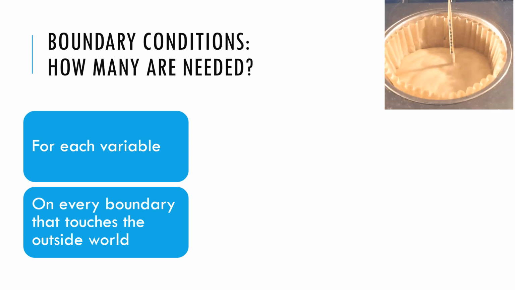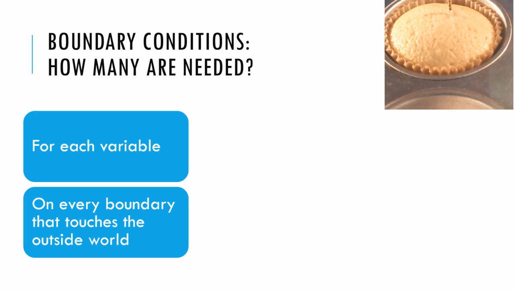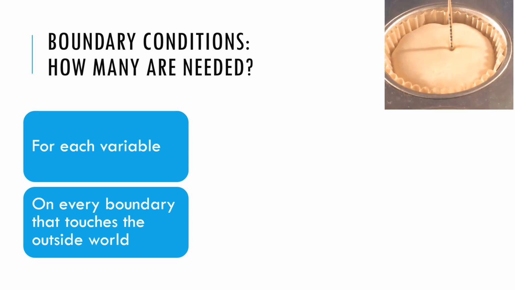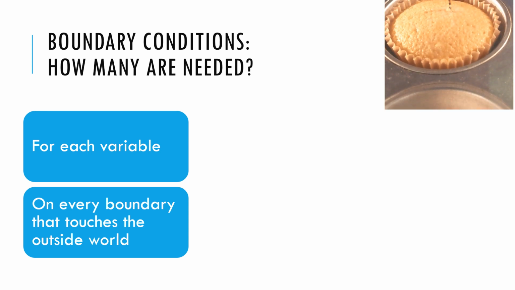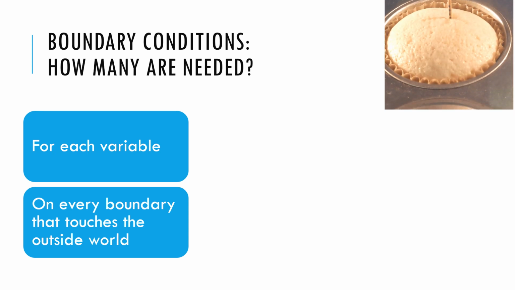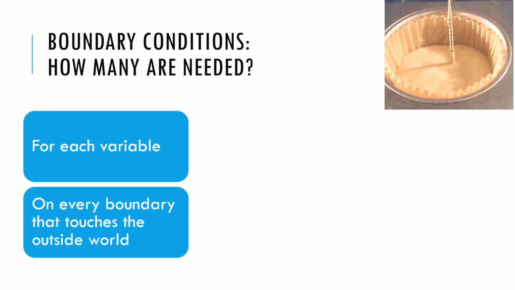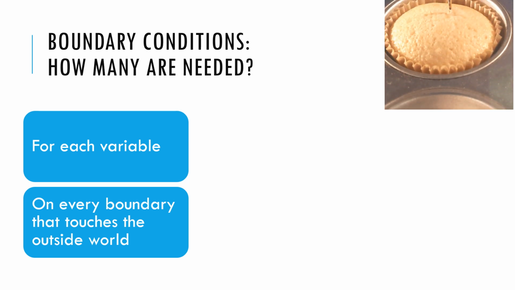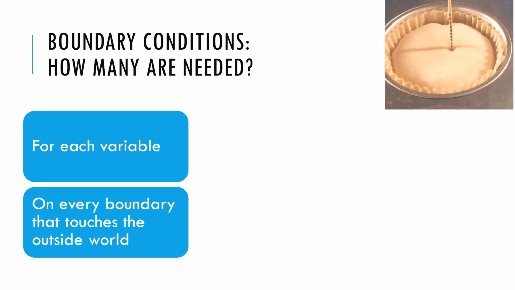As you can see in the animation on the right, it is modeled using a multi-phase, multi-component porous media transport, meaning there is heat, there's liquid water transport, vapor transport, air transport, air plus carbon dioxide transport, and there is deformation. Okay, so we need conditions for each one.